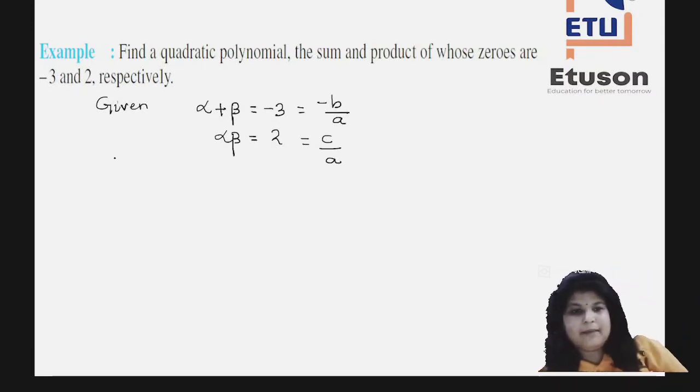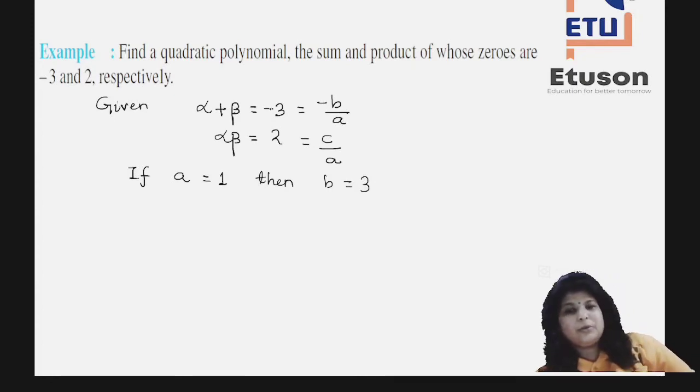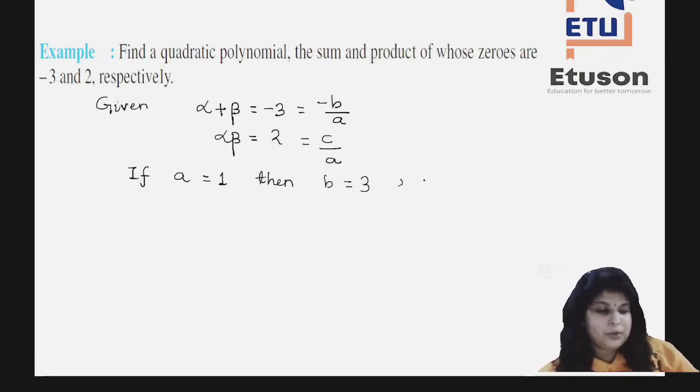If I consider a is equal to 1, then what will be the value of b? Then b will be equal to 3, correct? So इधर a में 1 डालो, तो 1 डालने से 1 into minus 3, minus minus cancel. So b becomes 3. Similarly, what will be the value of c?